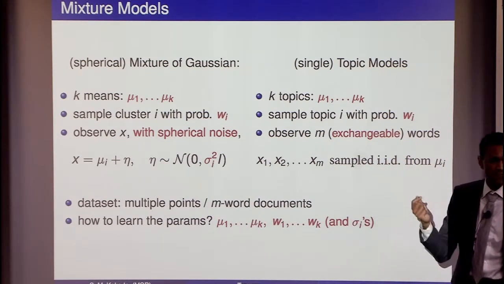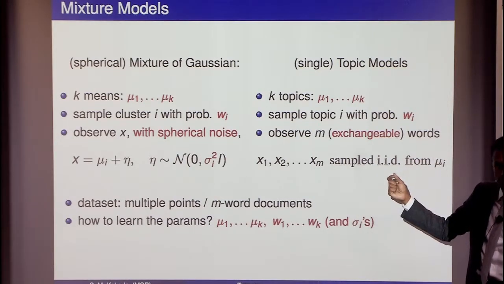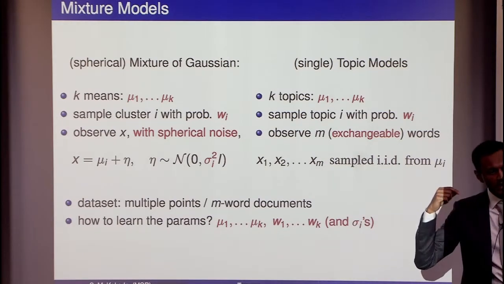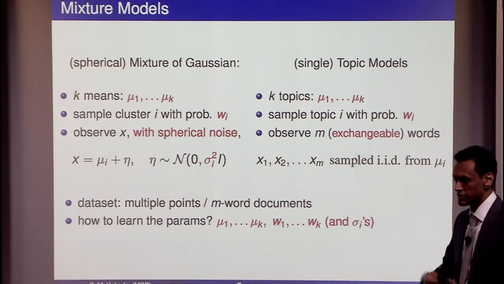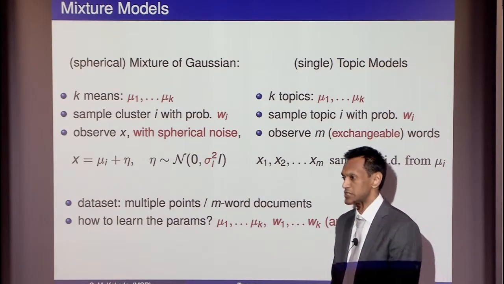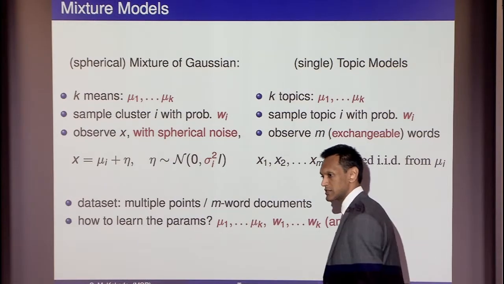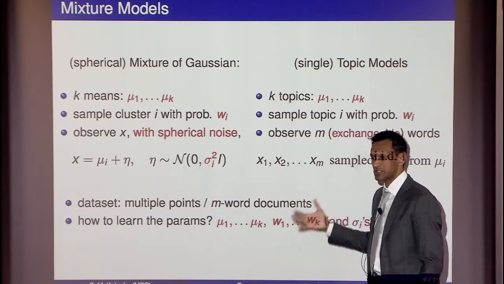So a topic might be sports, and the sports topic just specifies a distribution over words related to sports. Where we generate our document now is we're going to take m draws from this particular multinomial distribution. So if we choose a history topic, we're just going to generate independently m words related to history under this topic. And then what you see are collections of documents.